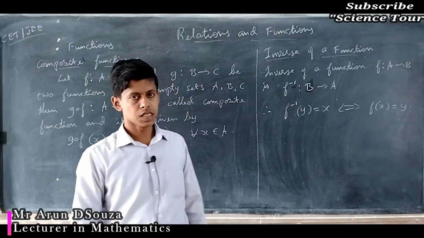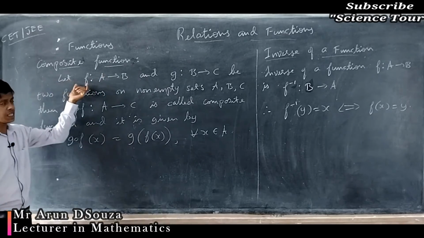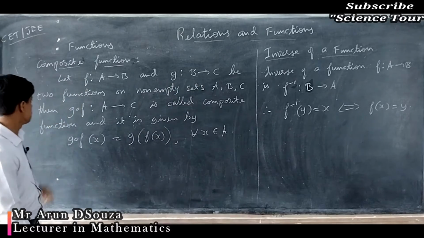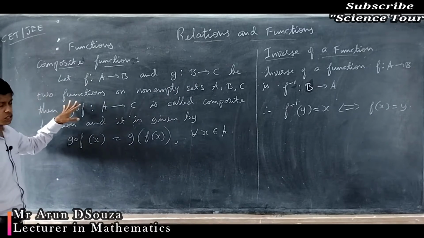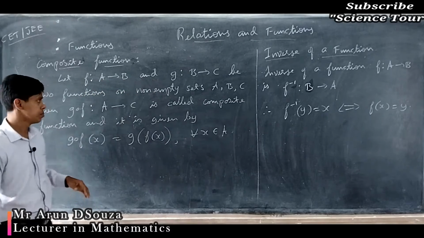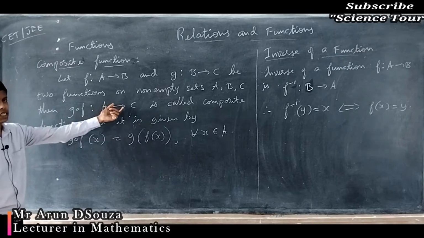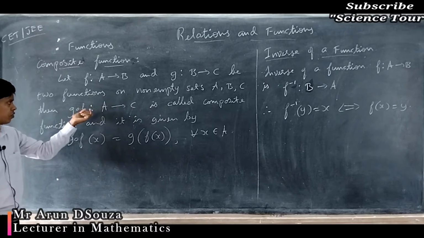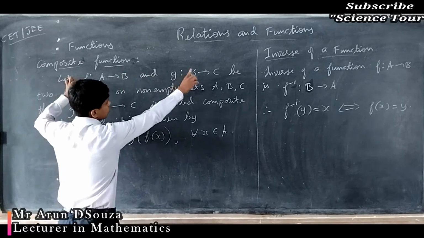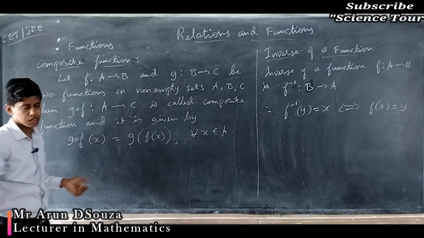Dear students, let's understand what is the meaning of composite function. Let f from A to B and g from B to C be two functions on non-empty sets A, B and C. Then what is gof? gof is A to C. So if f is from A to B and g is from B to C, then gof will be A to C, the first and the last sets.